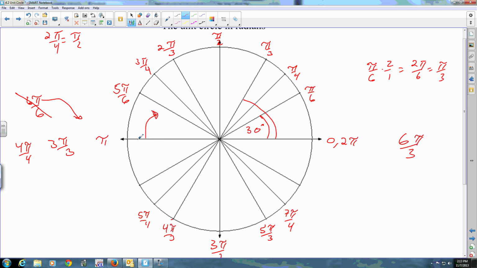One more is 7, another makes 8, 9, 10, and 11 pi over 6. Go one more and you're at 12 pi over 6. That's going to reduce to 2 pi, but notice if you back one off of 12, you're sitting at 11. Okay?